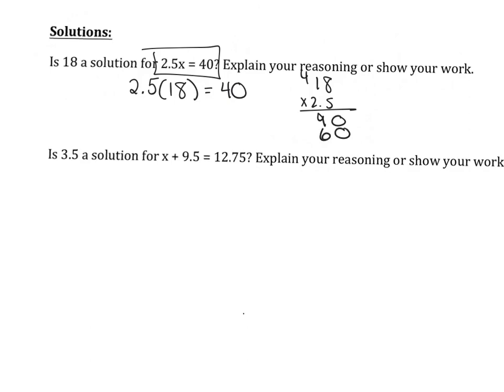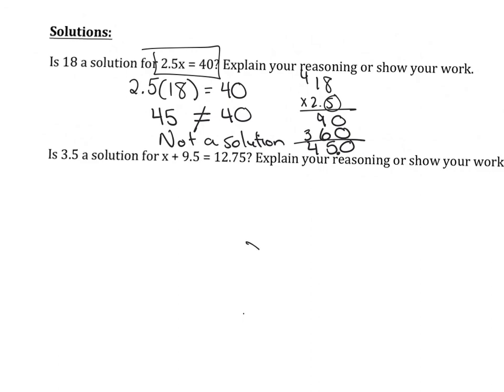Placeholder, 2 times 8 is 16, 2 times 1 is 2, plus that 1 is 3. So then we're going to add here. We have 1 decimal place. I can see that this 45 equal to 40 is not a true statement, so it's not a solution. Remember, we will be looking for work on your test. You have to prove to us why it's not a solution.